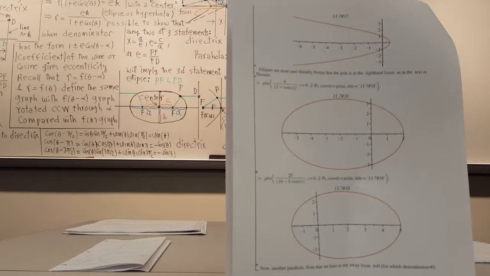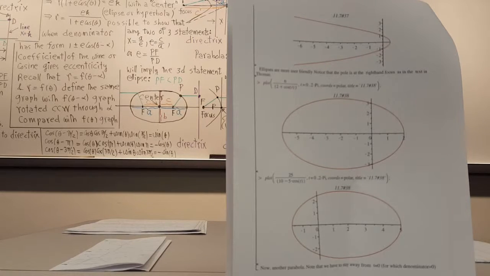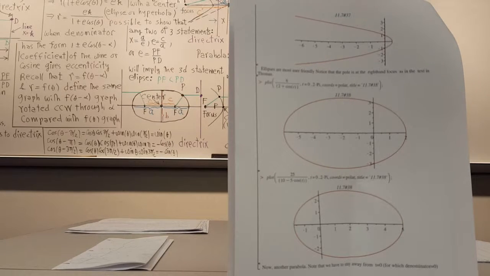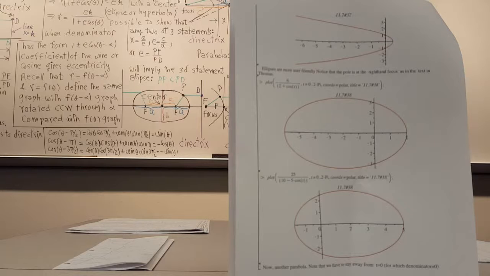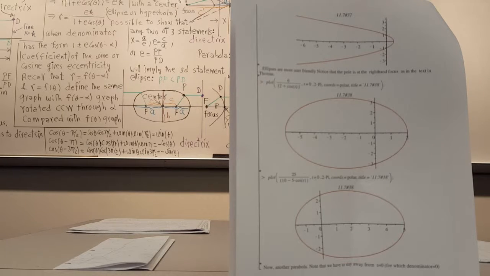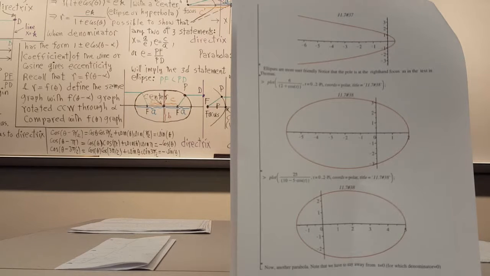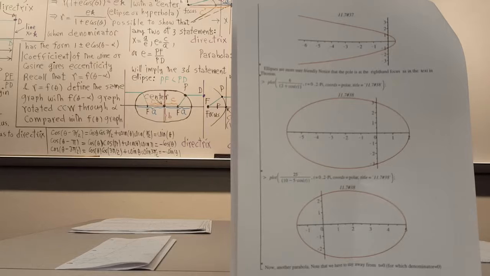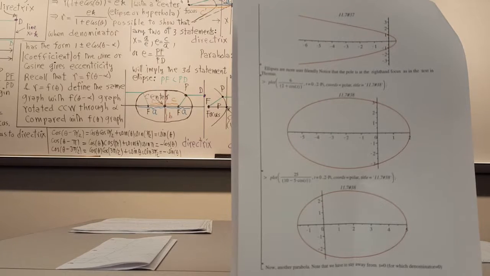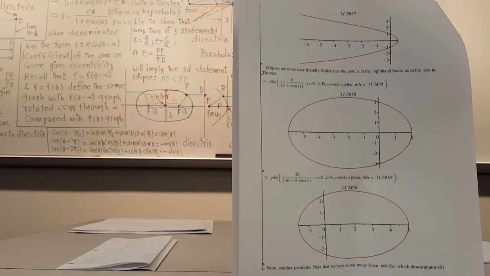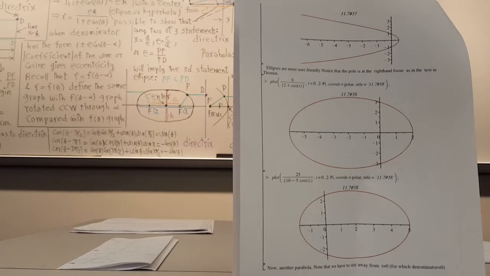It's the same as trying to draw a graph in XY form and cross a vertical asymptote. If you try to do, say, 1 over x, and you try to do implicit plot y equals 1 over x, x equals minus 1 to 1, unless you limit the y, you're just going to get a picture of the y-axis because it's got the vertical asymptote.